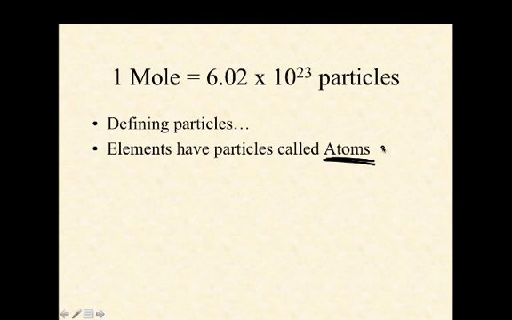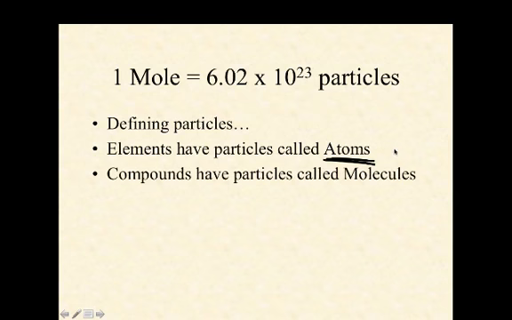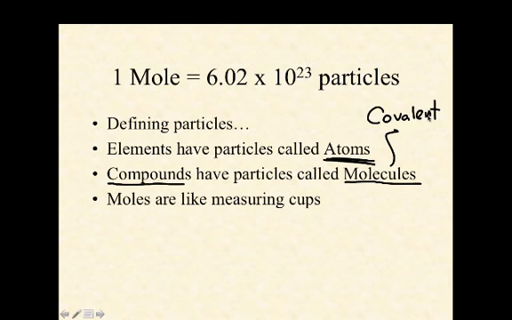All atoms are the same in an element. Now suppose that we had a compound where there are different kinds of atoms that are chemically bonded together. Then those particles are called molecules because they stick together as a unit. And of course molecules are for covalently bonded substances, right? We just studied covalent and ionic.